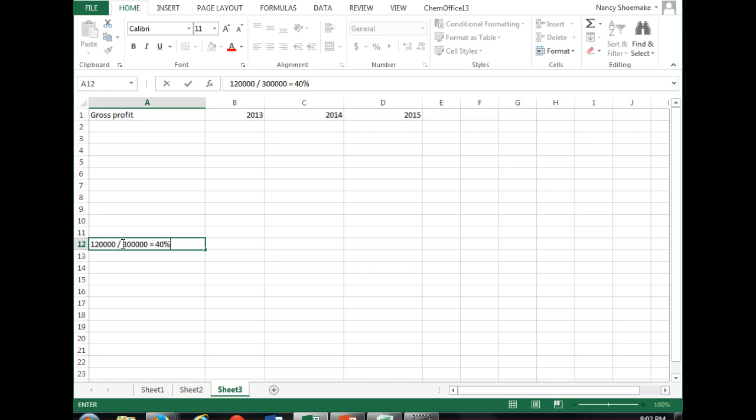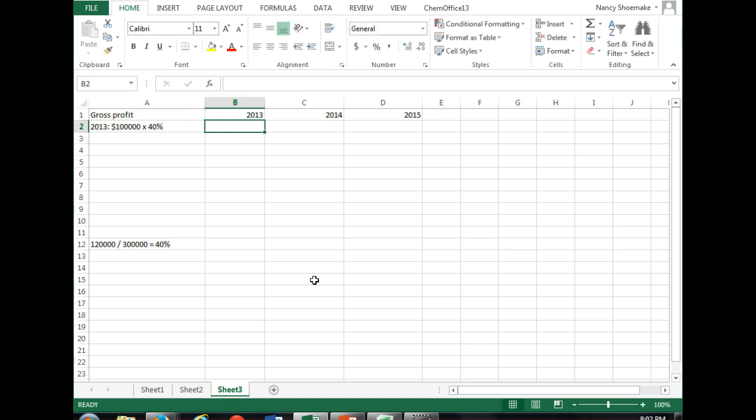So in 2013, that 100,000 of cash received at 40% is going to be how much we're showing as income? 40,000.